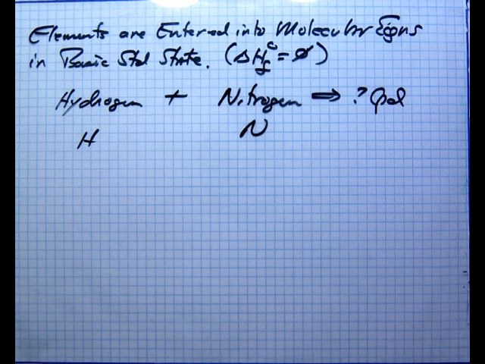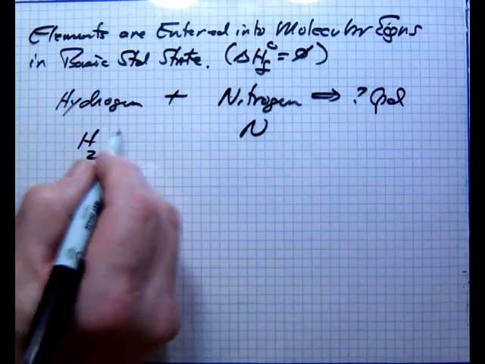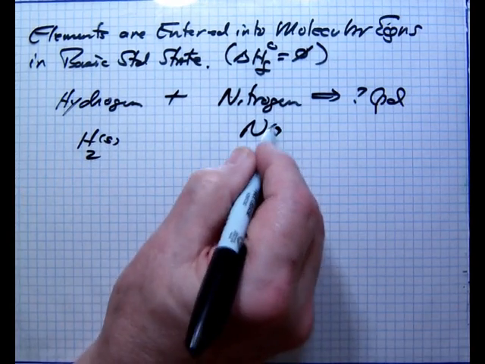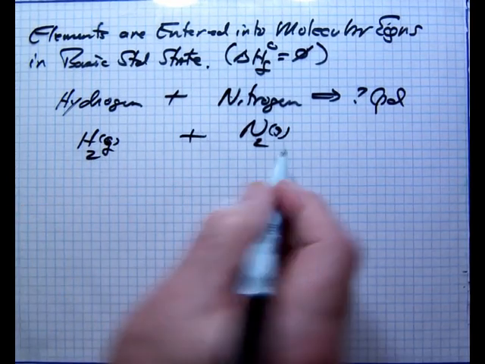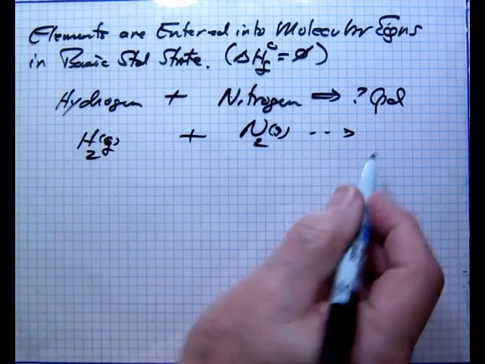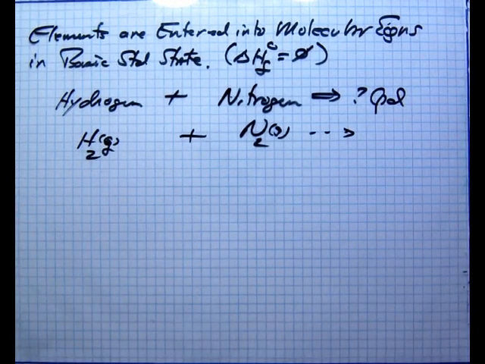Now, not all of them obviously are diatomic. Some of them are monatomic in their basic standard state, but you'd look those up, and that's how you would enter these into this equation. And then you would go on to write the formula that is, of course, being formed, and that's another story altogether. Some hydrogen nitrogen combination. There are hundreds of them. Okay.